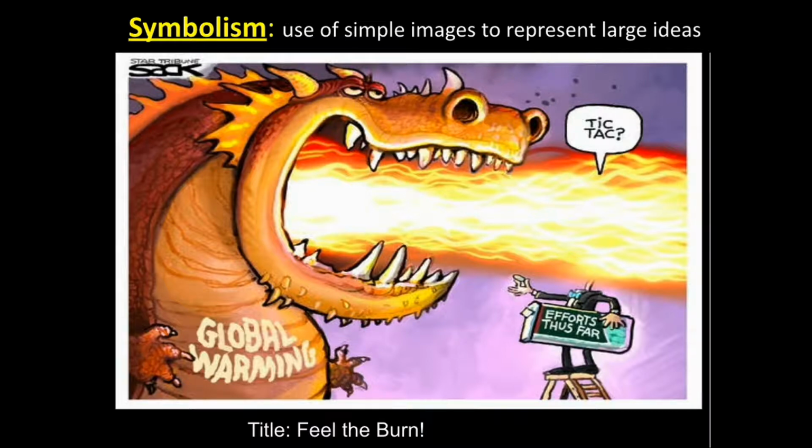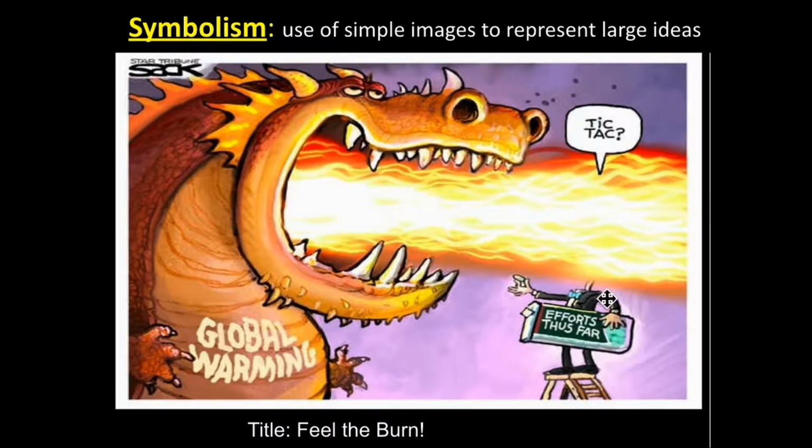Title, Feel the Burn. When I look at what's going on in this cartoon, I see a dragon that is breathing fire on someone who's trying to offer it something. When I look closer, I notice that this dragon has been labeled as global warming. I know that it's global warming that's doing the damage to this person.